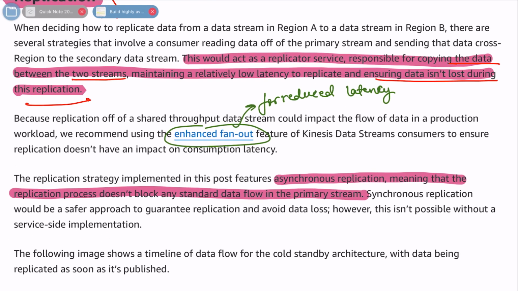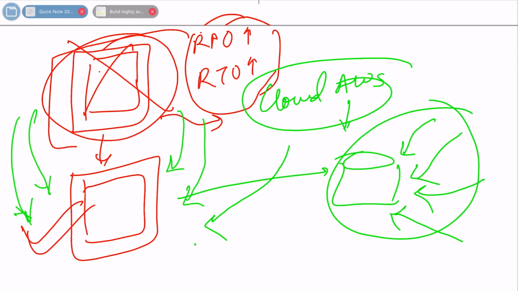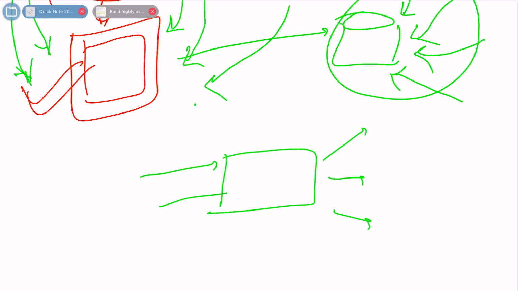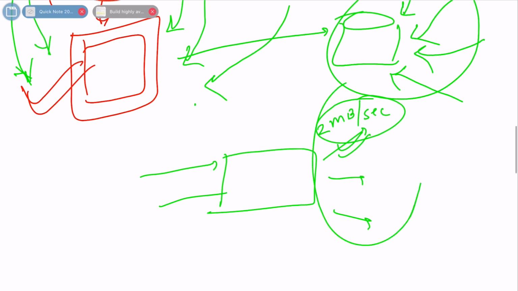And there is an extra suggestion which is again related to Kinesis data streams. In general, Kinesis has a fixed limit. Let's say this is your Kinesis stream and these are your consumers. There is a fixed limit on the amount that is consumed, I think 2 MB per second, and it's for all the consumers combined for this particular Kinesis data stream.